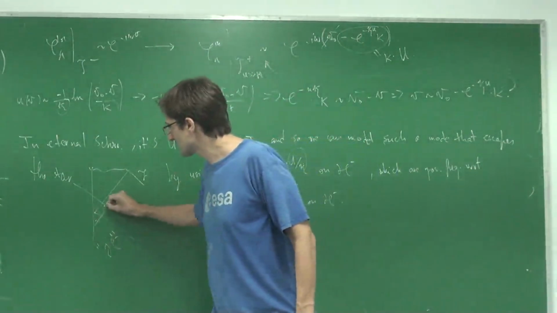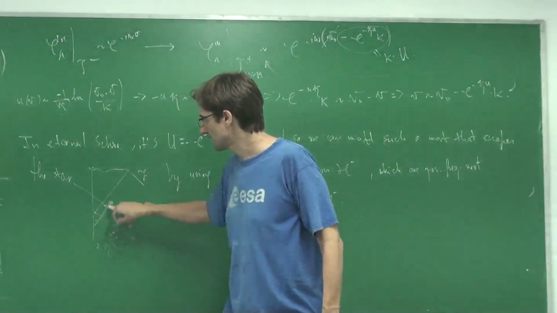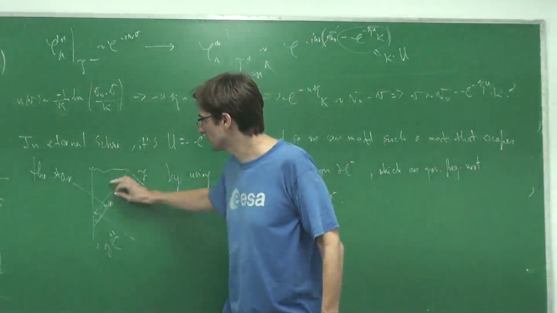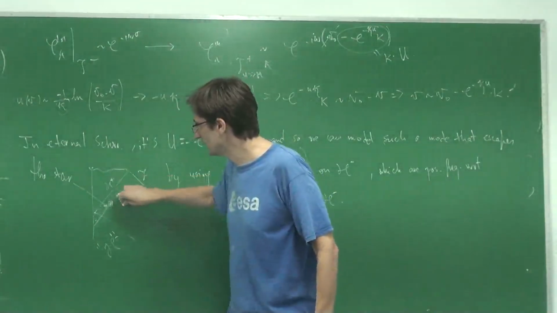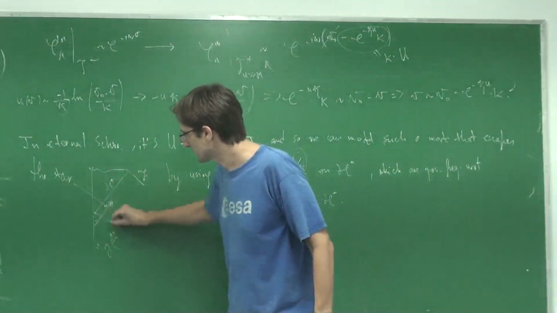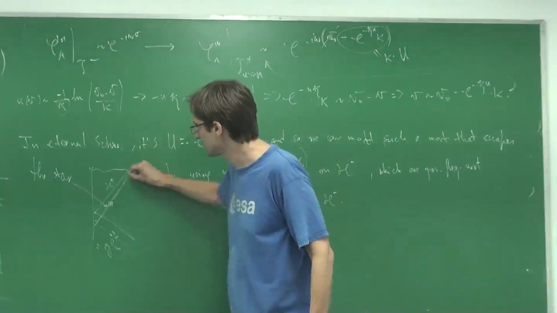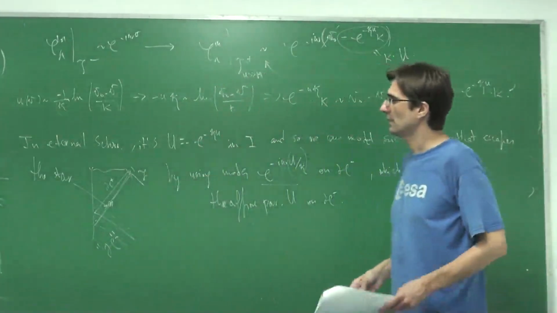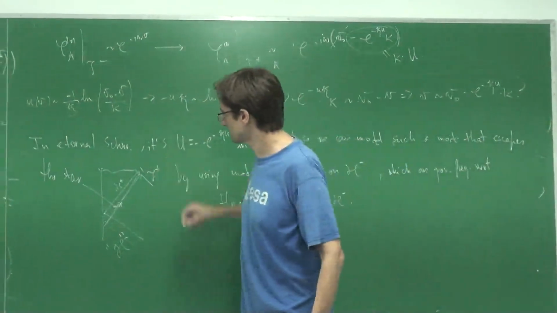So these modes escaping, reflected at R equals 0 just close to H plus, are the modes that give rise to the Hawking radiation at late times on scri plus.